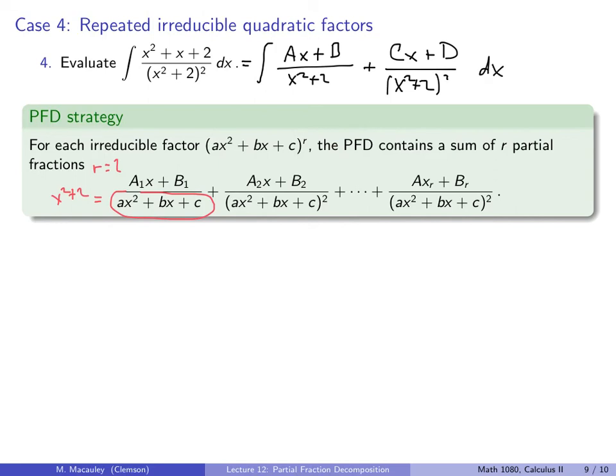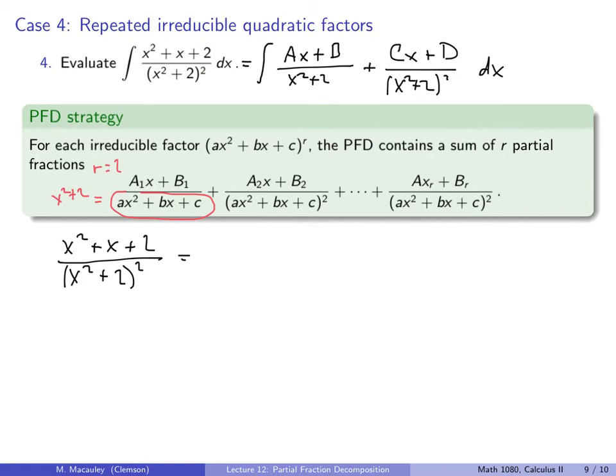So I'll get you started on this. I'm not going to finish though. Oh, maybe I will. We'll see what time we have. So as before, we start with this fraction on the left hand side, x squared plus x plus 2. This is the thing that we need to break up. And we have to write this as this plus that.